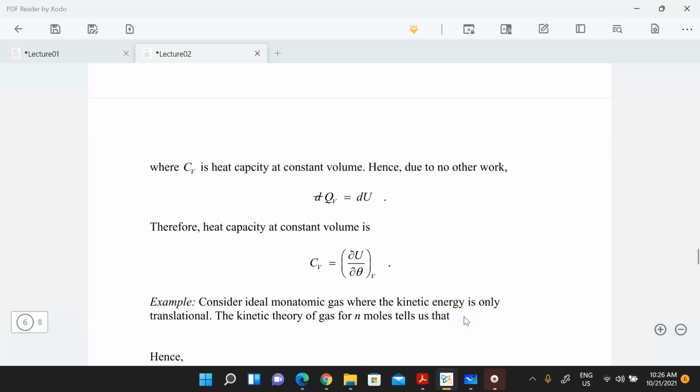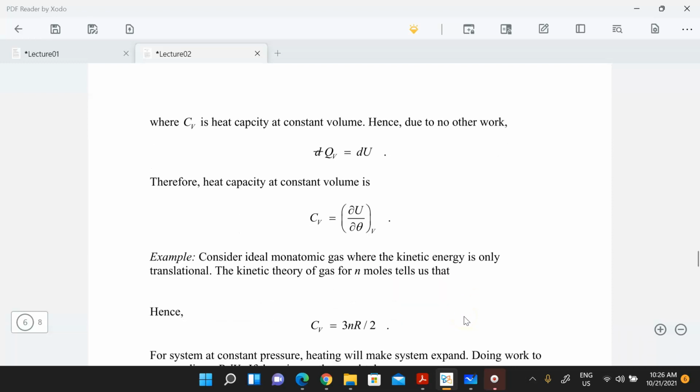Oops, I think I missed an equation here. Try to remember. I think this is actually okay.